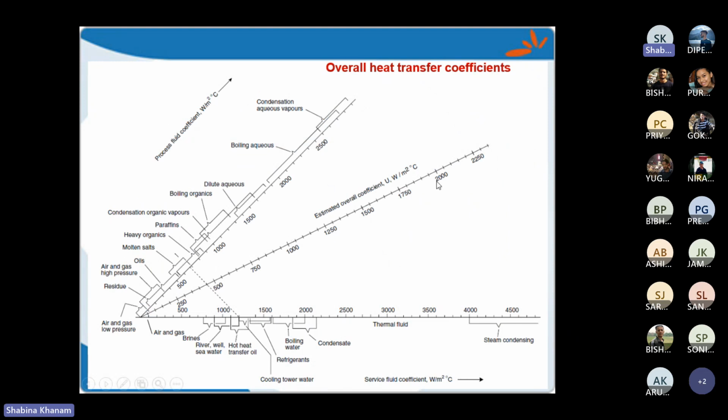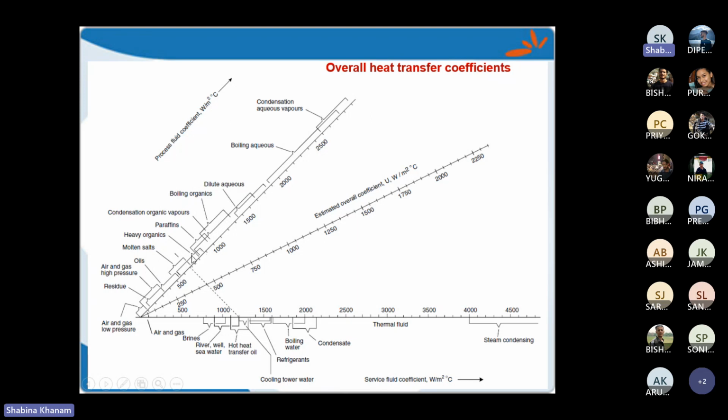Okay, the third line is the estimated overall coefficient. So how to consider that? Let's say I'm dealing with heavy organics or any other fluid, because the process fluid you already know. So the category you can already decide from this. If I'm taking heavy organic, the whole range varies from here to here.